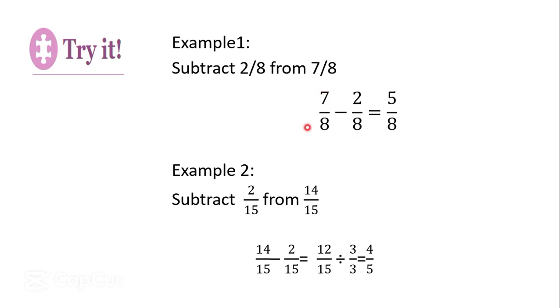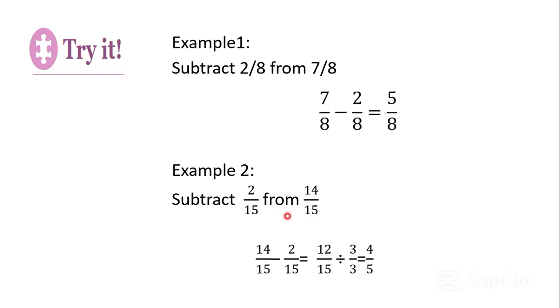So 7/8 minus, because it's subtraction, 2/8. Understood? Then following the rules, copy the common denominator, then subtract the numerators. 7 minus 2 is 5. You got 5/8.